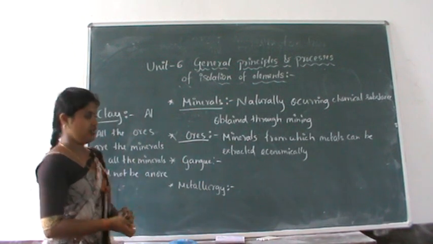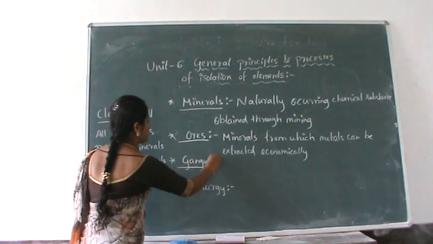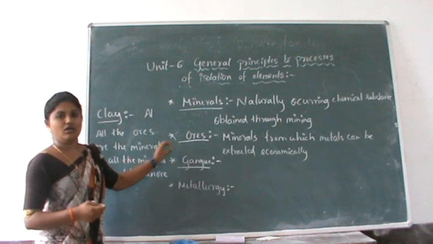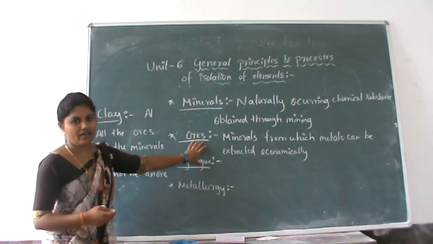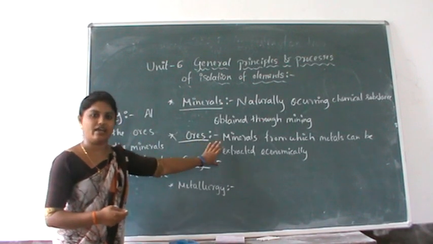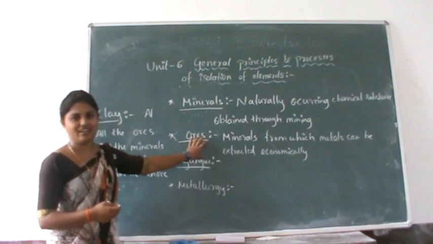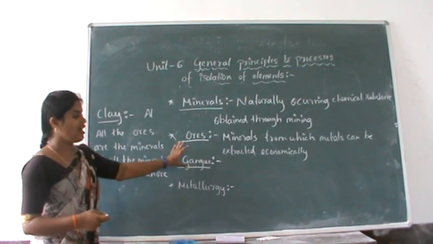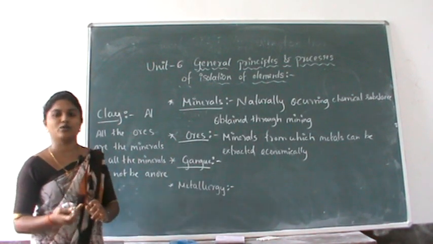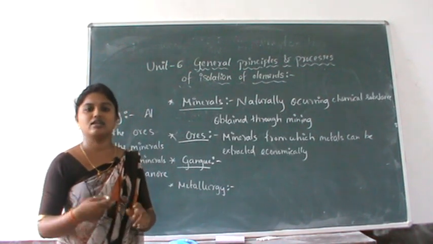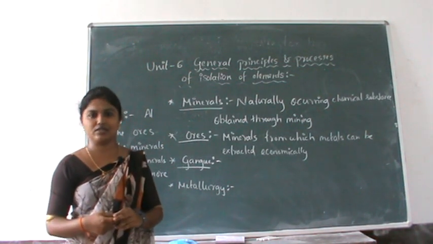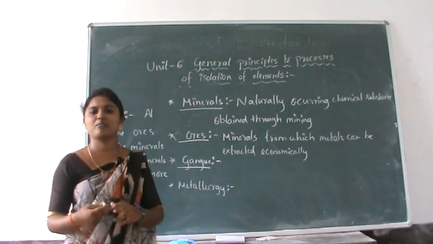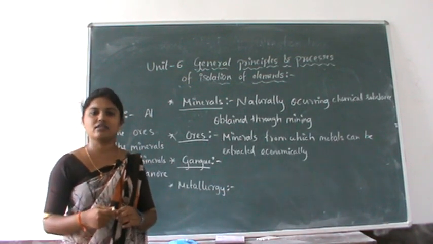Next term, that is gangue. What is the pronunciation for this term? Whether we can call it Gangue or Gangue, okay, not Gangue. Gangue is the name of a river. So gangue means, I have already told, minerals contain some impurities, isn't it? Minerals are not in purified form, they also contain impurities.